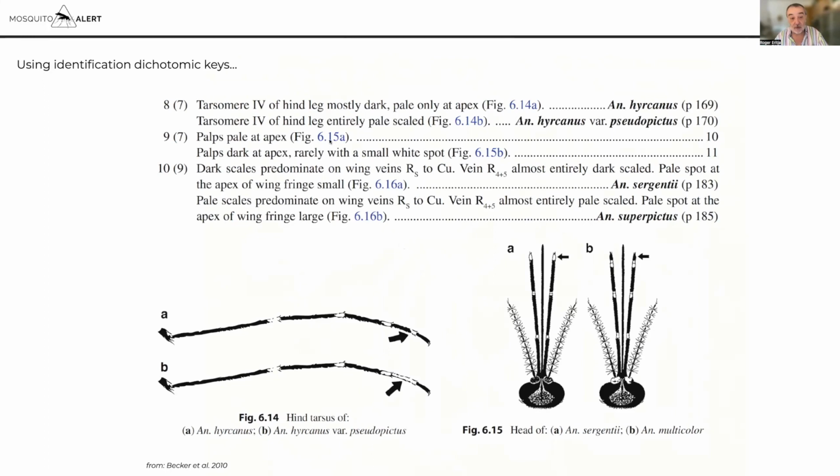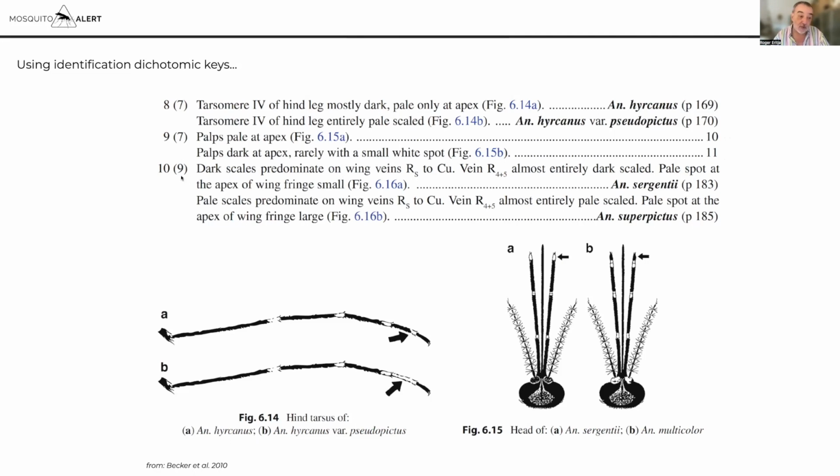So you check figure 6.158, which is this one, and you can see, okay, this is the pale spot at the apex. Either it has it or it has not. In this case, it has this spot, so you go to point number 10, which is the next one. But if it does not, you need to go to point 11.